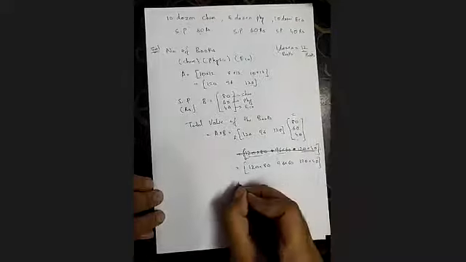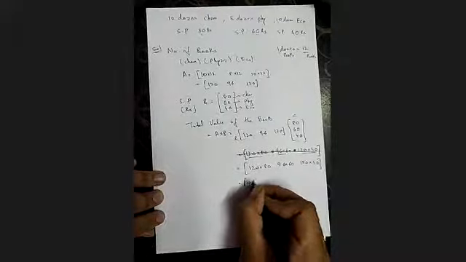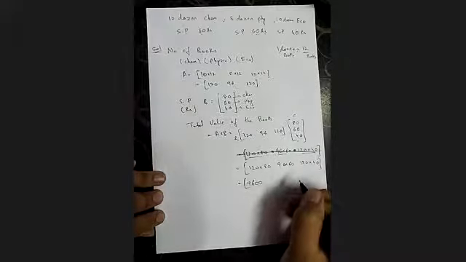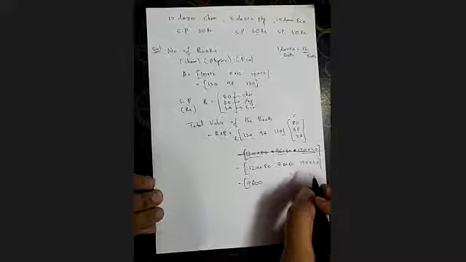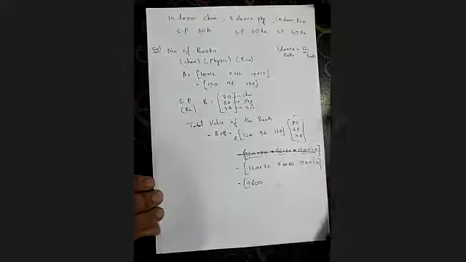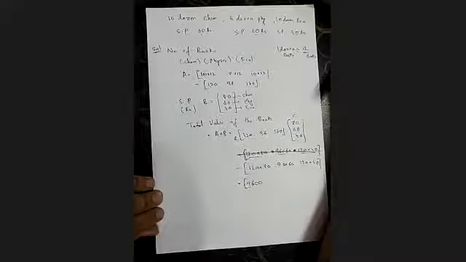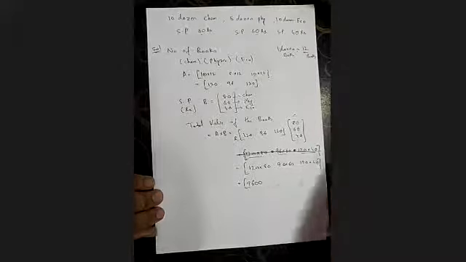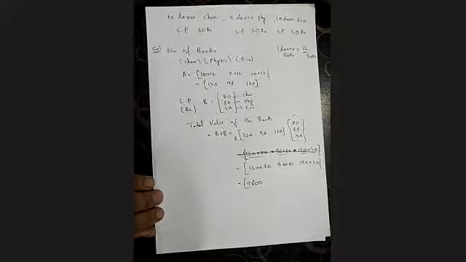So 120 into 80 is 9,600. 96 into 60 will be 5,760.